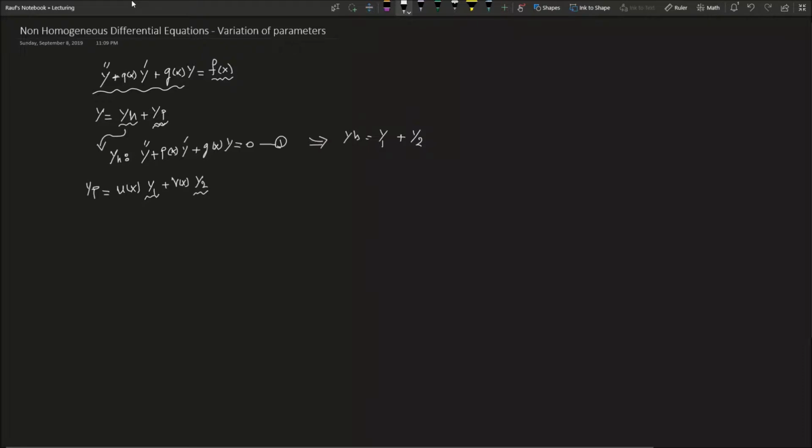Now we can see we have u. Now you have an equation. So u of x equals minus the integration of y2 multiplied by the right hand term of the main equation, f of x, divided by W, which represents the Wronskian factor.